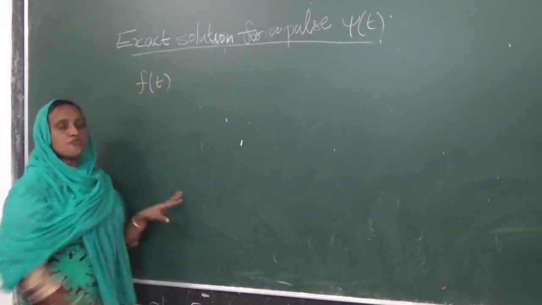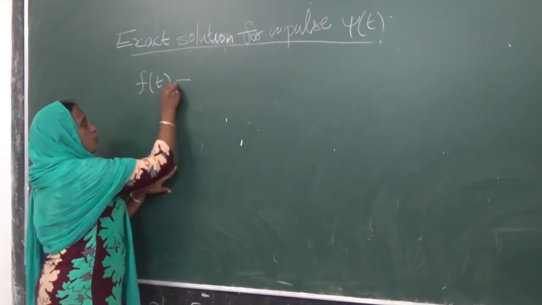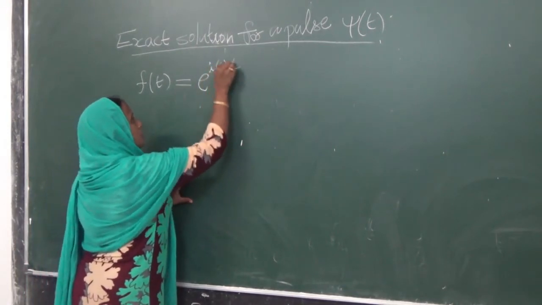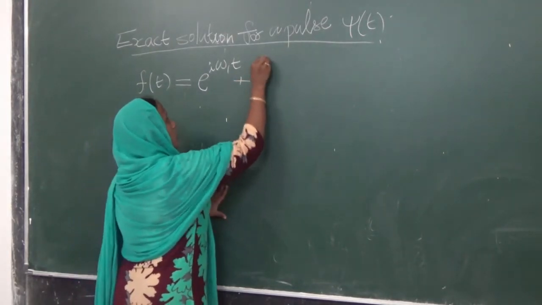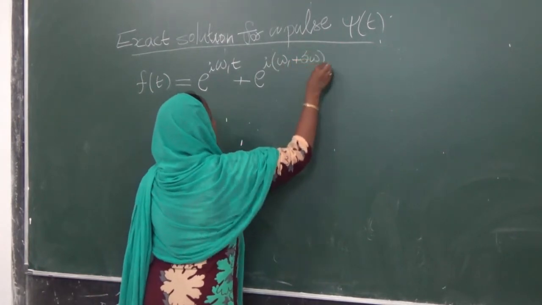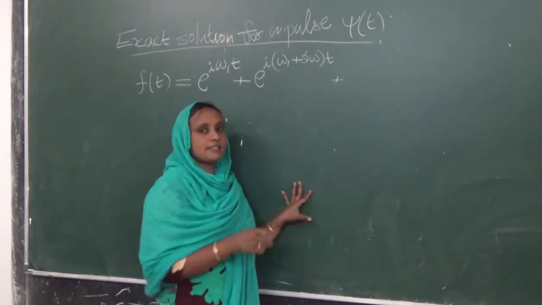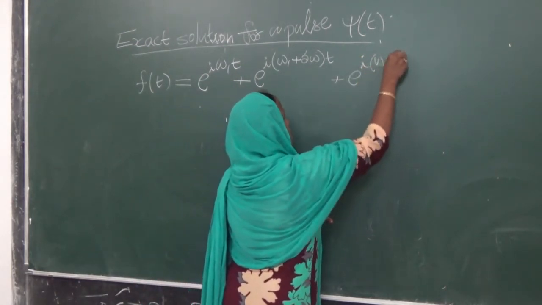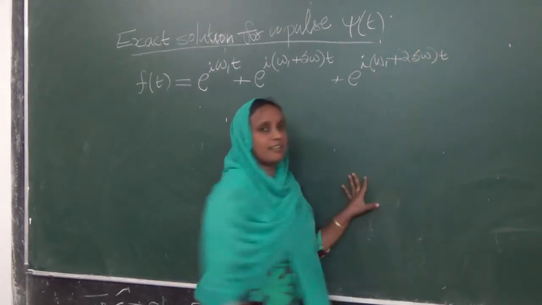We define a new function f of t such that f of t equals e raised to i omega 1 t plus e raised to i (omega 1 plus delta omega) t plus e raised to i (omega 1 plus 2 delta omega) t.